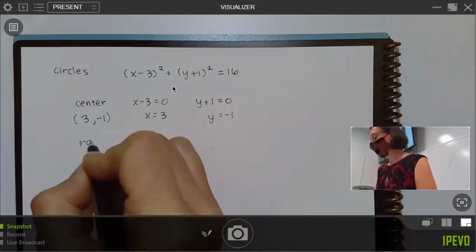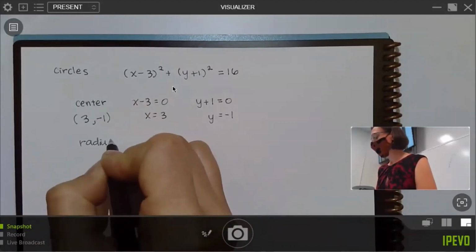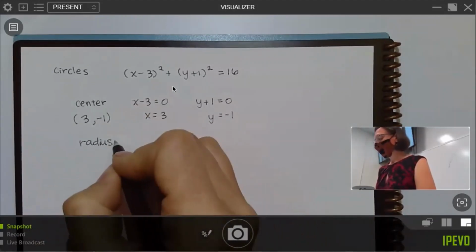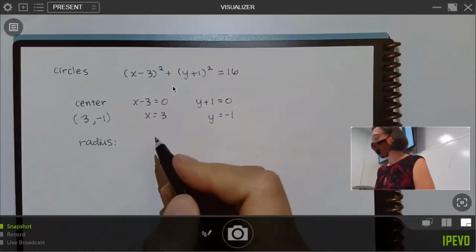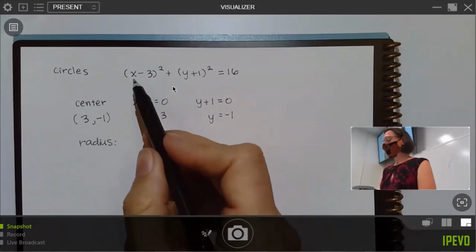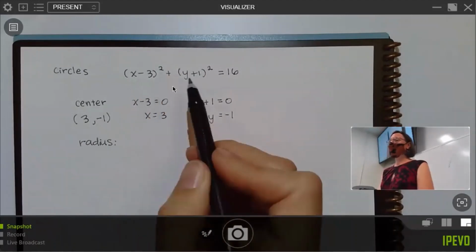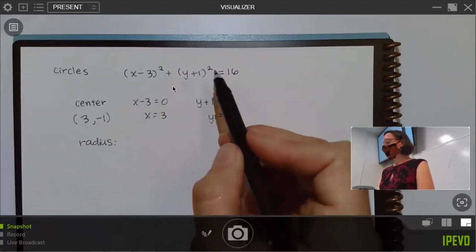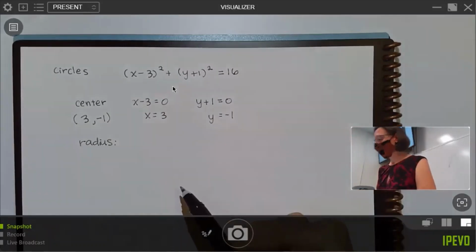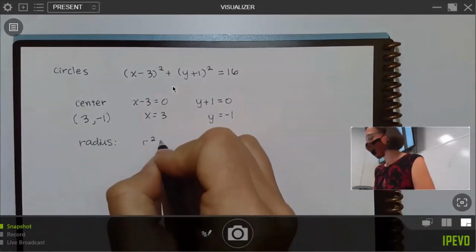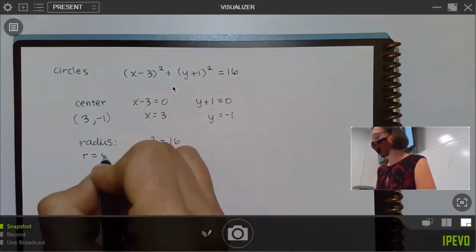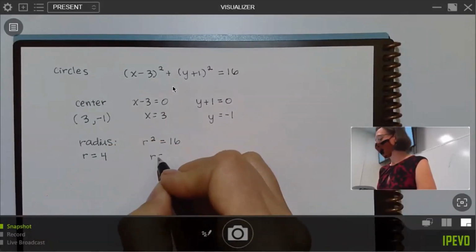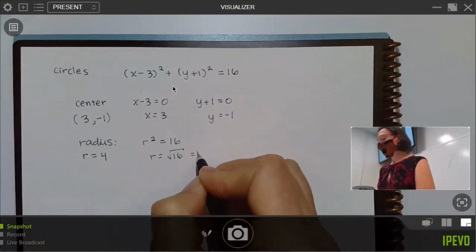Now the radius: if my circle is written in this nice form of (x - something)^2 + (y - something)^2, then the number on the right-hand side is the radius squared, which means here my radius would be equal to 4, because it's the square root of 16.